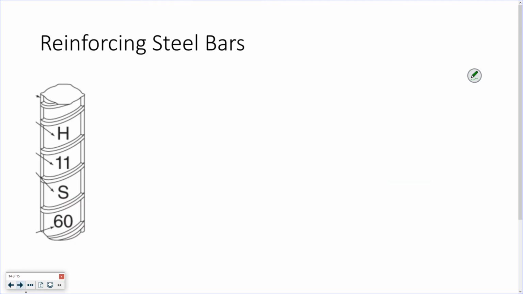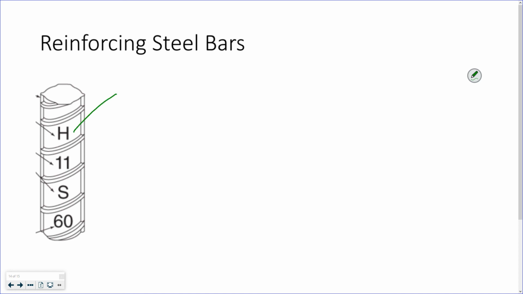Finally, we have our reinforcement, right? This is reinforced concrete, not just plain concrete. So we have our bars, our steel bars. There are some of these on campus in 233, but they often have this little spiral pattern on them.